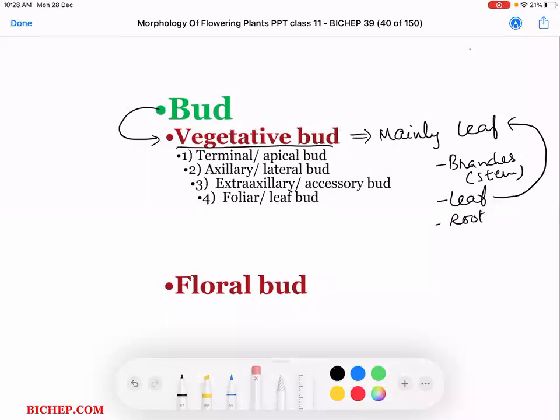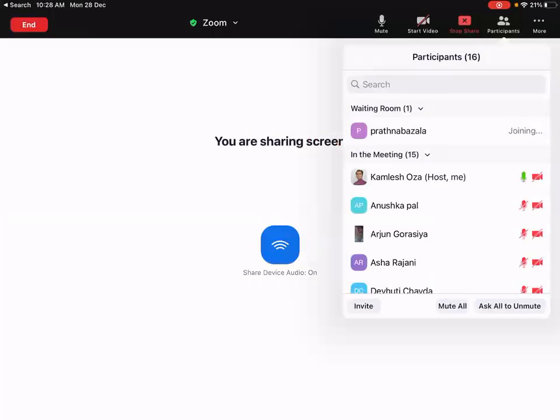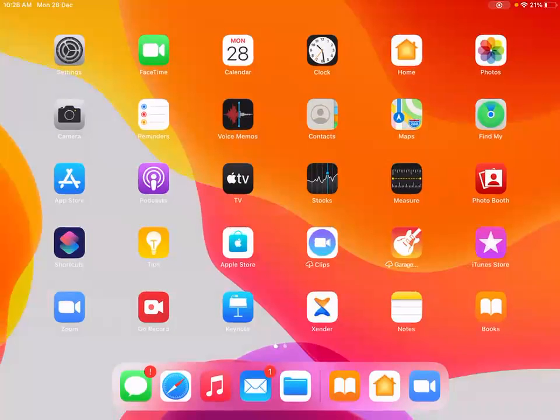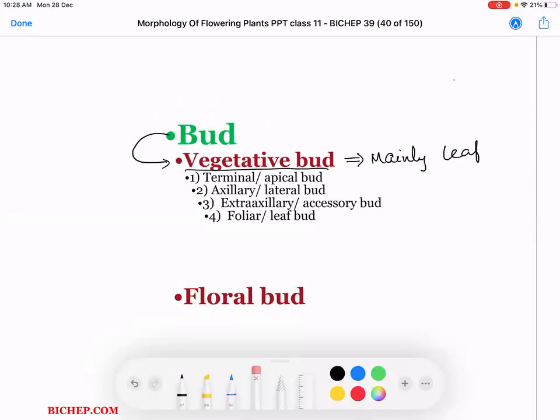I hope you are clear with the meaning now. As it is growing leaf mainly, it is called vegetative bud.